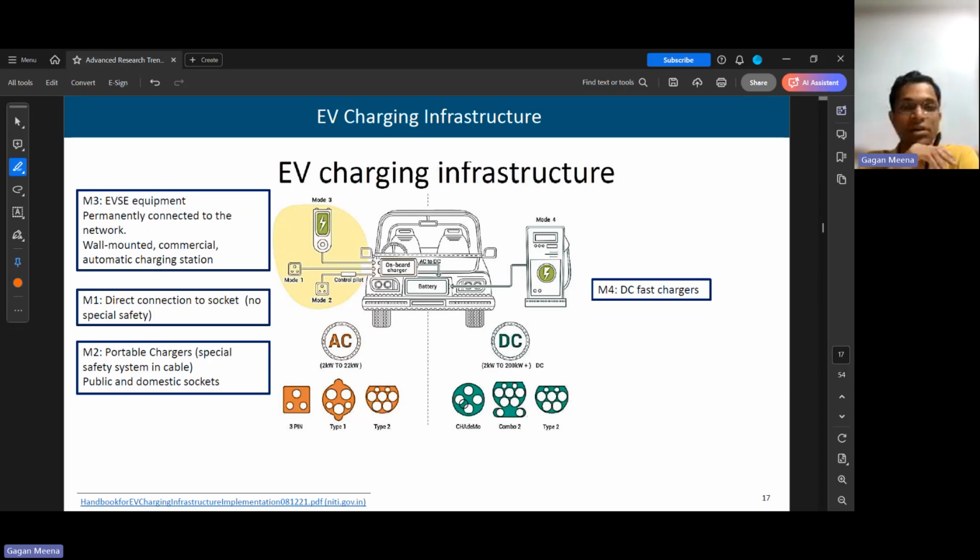It is permanently connected to the network, wall mounted, and a commercial automatic charging station. This is mode 3. Mode 1 is direct connection to the socket, no special safety. Mode 2 are portable chargers, with a special safety system in the cable, and public and domestic sockets.